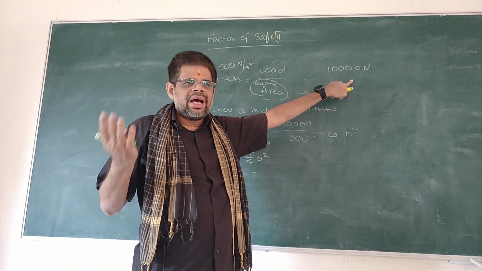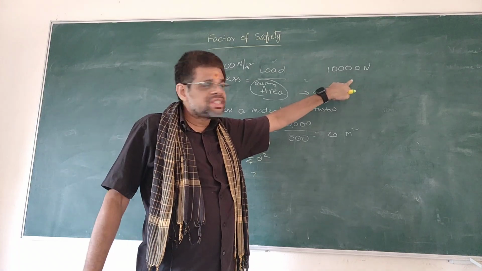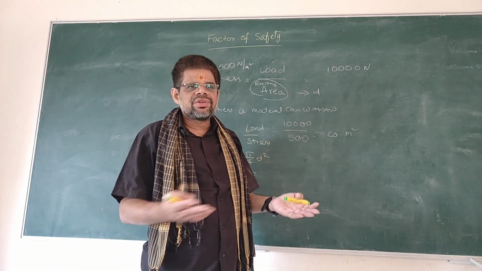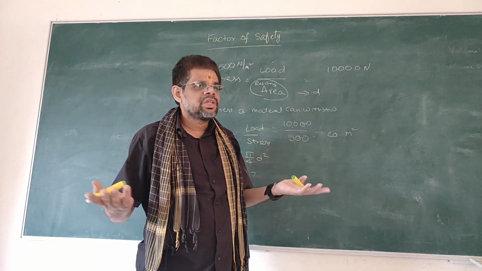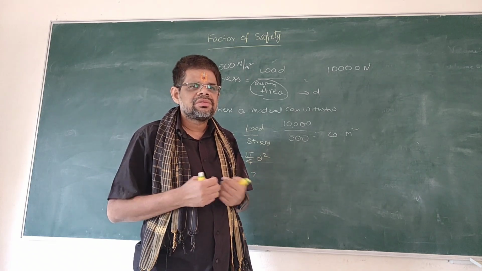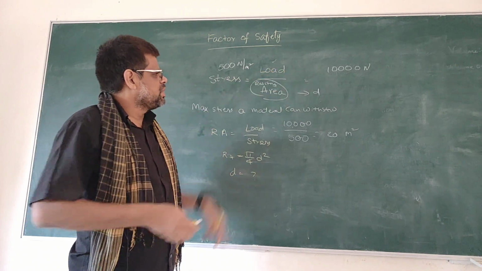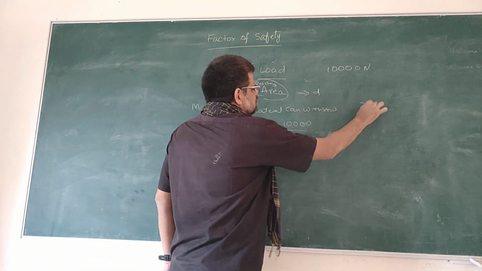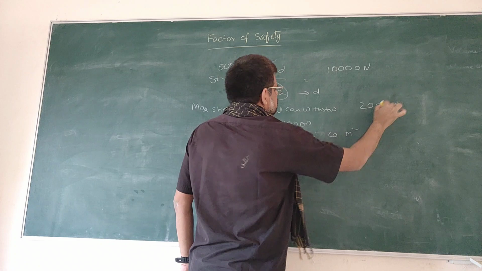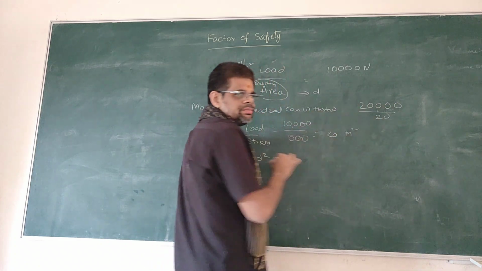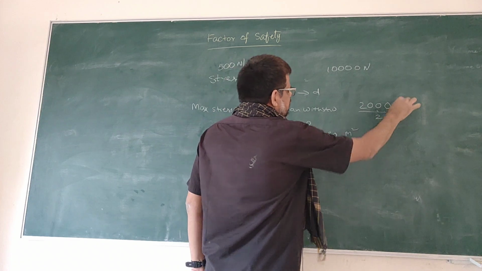But there may be unforeseen circumstances in which the load may increase beyond the 10,000. Then what happens to our component? It breaks. Why does it break? Because, for example, if the load is 20,000 and our area is 20, then what is the stress value?